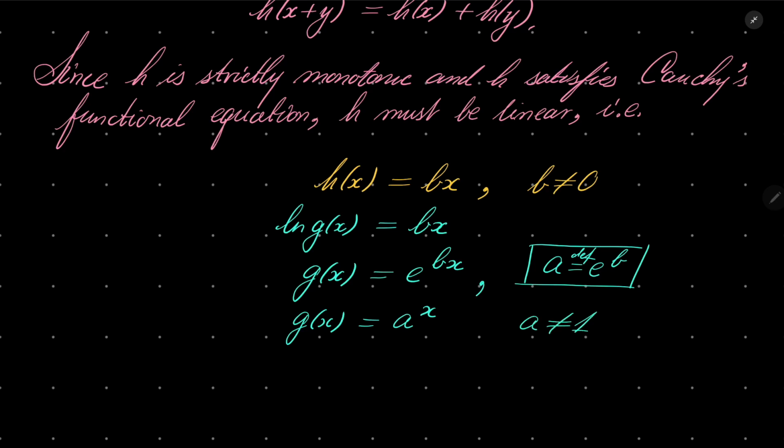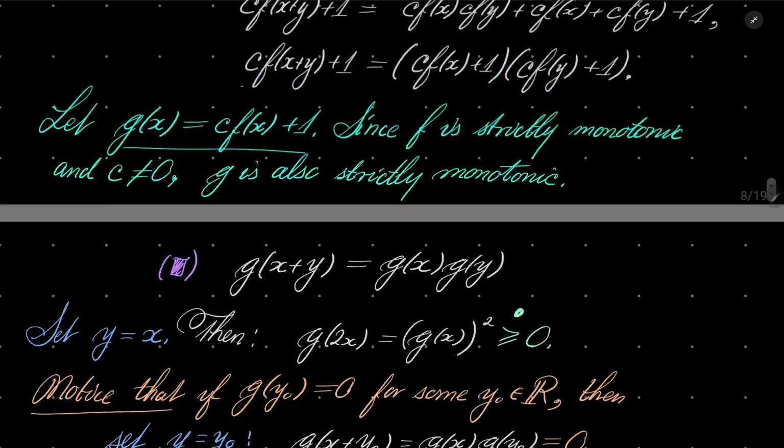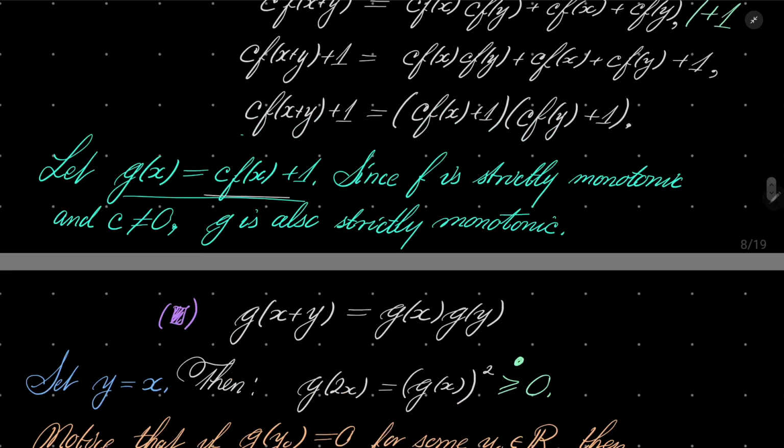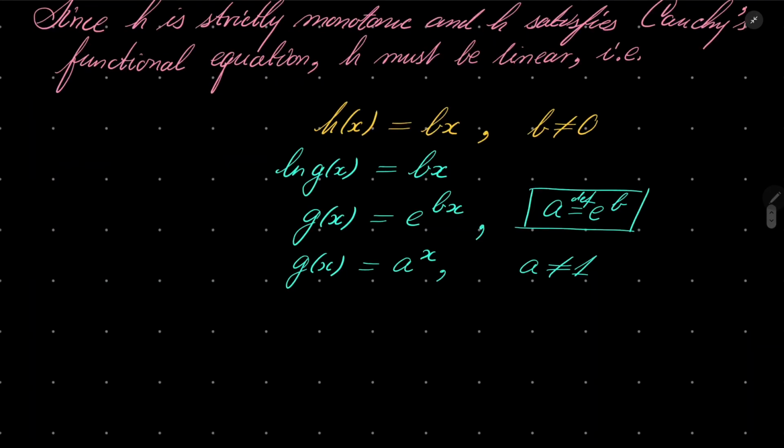Alright, but what was g of x? g of x is c times f of x plus 1. So c times f of x plus 1 equals a to the power of x.